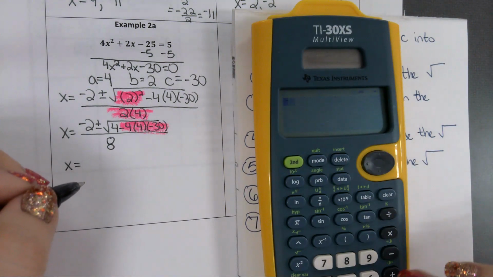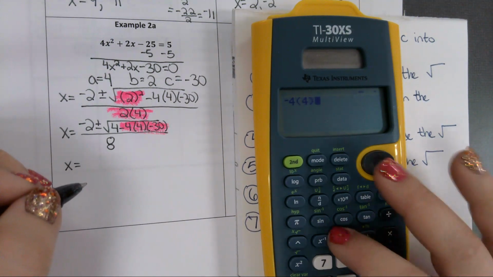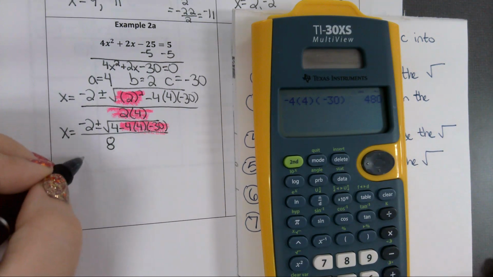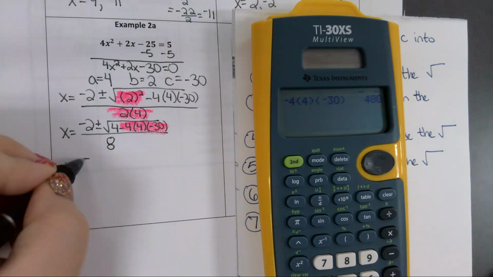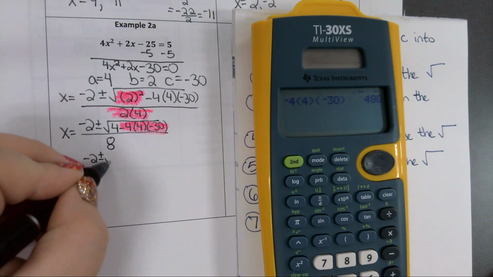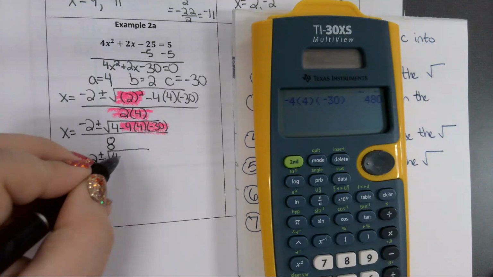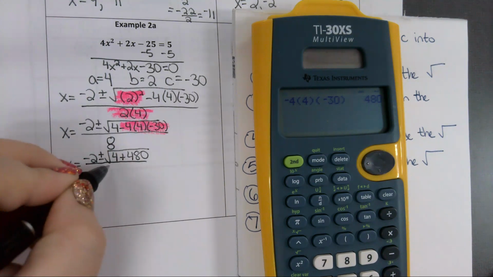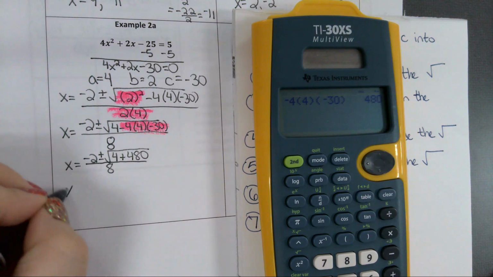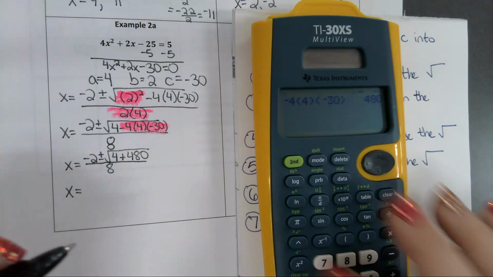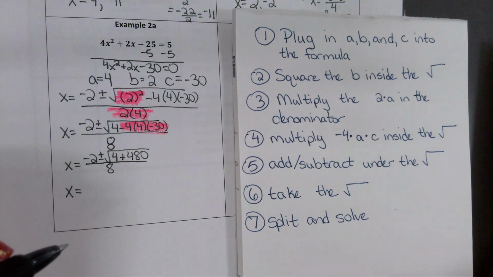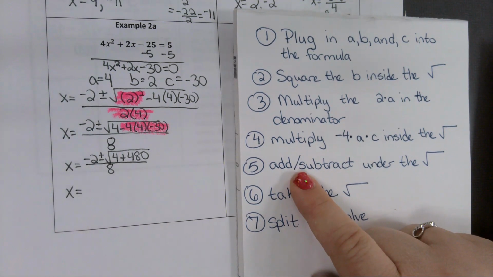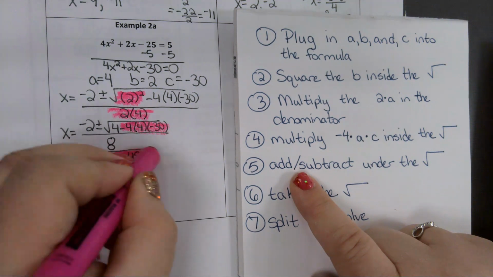So negative 4 times negative 30, and we get 480. We can add and subtract underneath our radical now. So we'll do 4 plus 480.